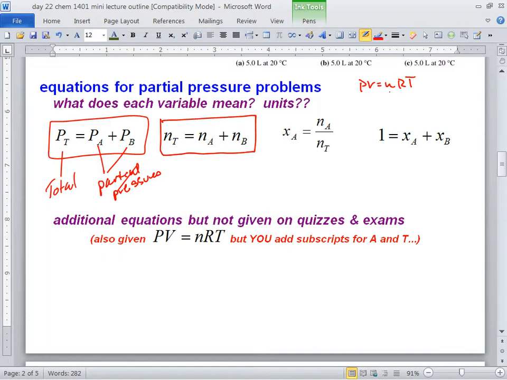It's the same little N. It's the moles, right? So, Lauren, if N is moles, NT equals NA plus NB probably means what? Yeah, the total number of moles and then the moles of each gas. Just add them up.